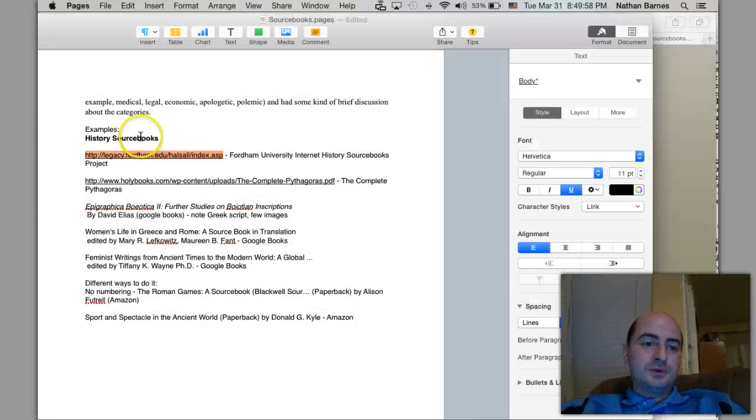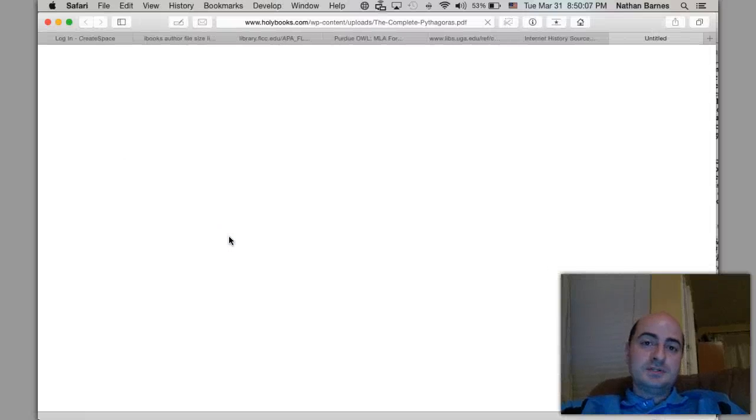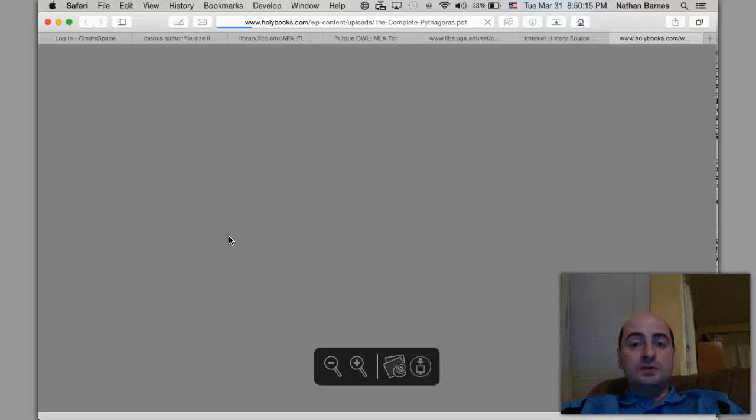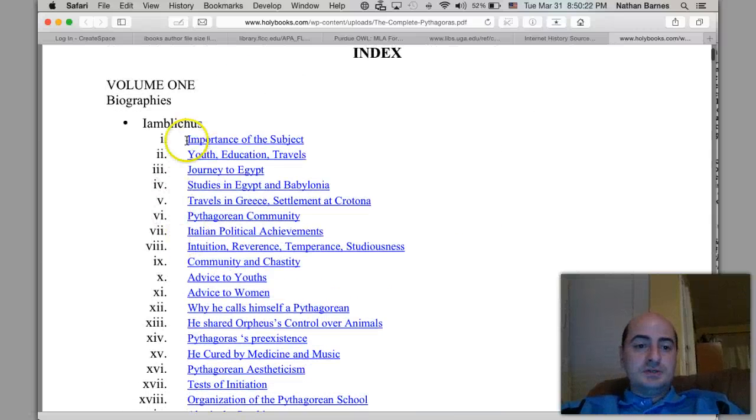Okay, we just got through looking at example 1, which is the Fordham University. This is another one I like, the complete Pythagoras. It's all the Pythagorean writings combined into one volume. Now this was published a few times by Kenneth Guthrie, and you'll see these are the sources in order.